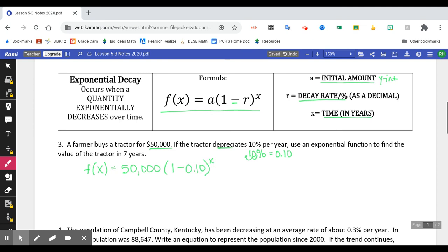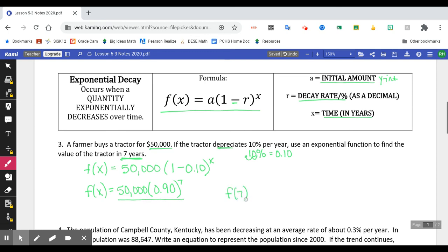So for this one, we're going to have f of x equals 50,000. Okay, 1 minus 0.1, like $1 minus 10 cents is 90 cents, so 0.90. And then we're happening for 7 years, so 7 goes on the outside. Okay, again, this should get smaller when you type it in from left to right. So 50,000 times 0.9 to the 7th power.